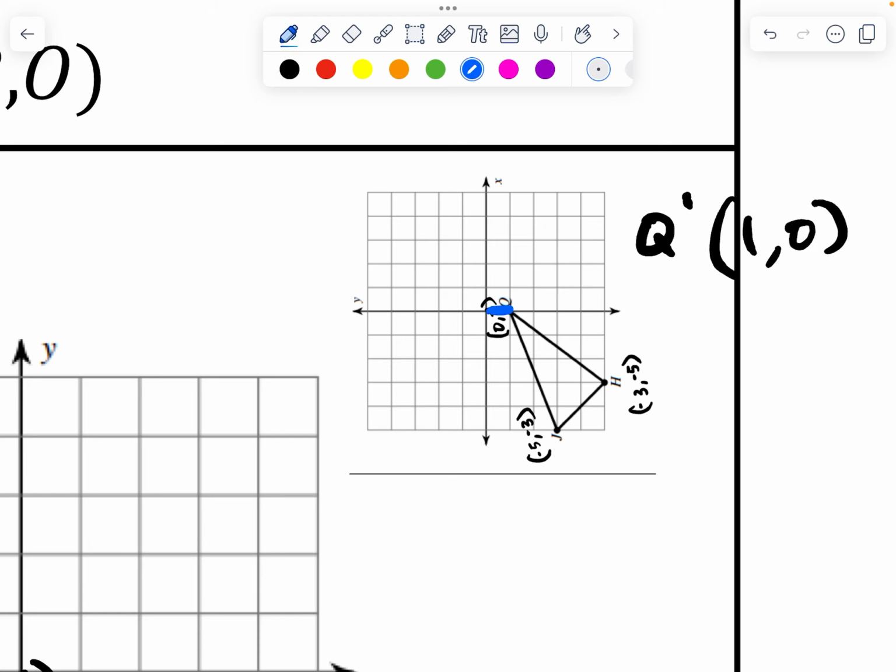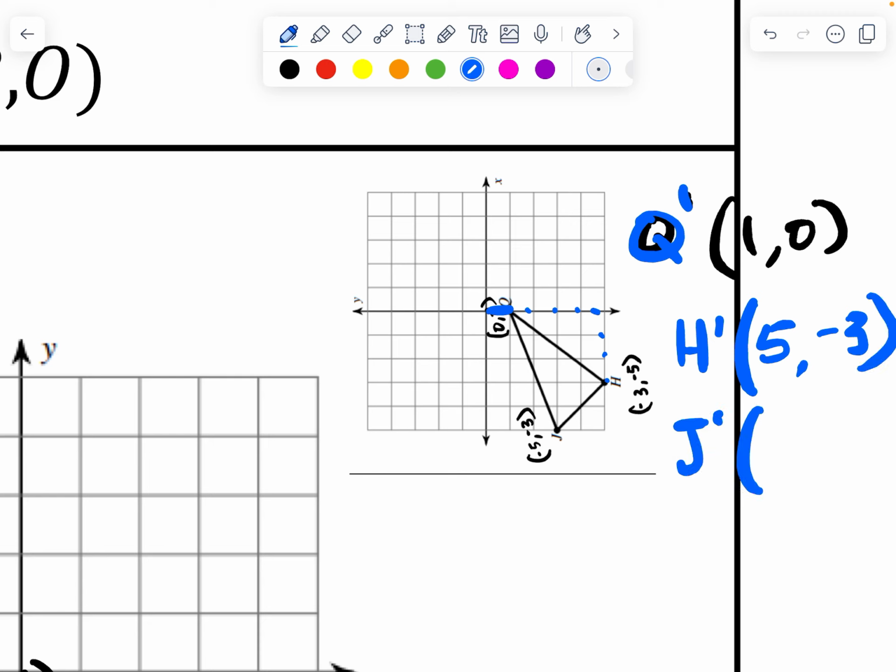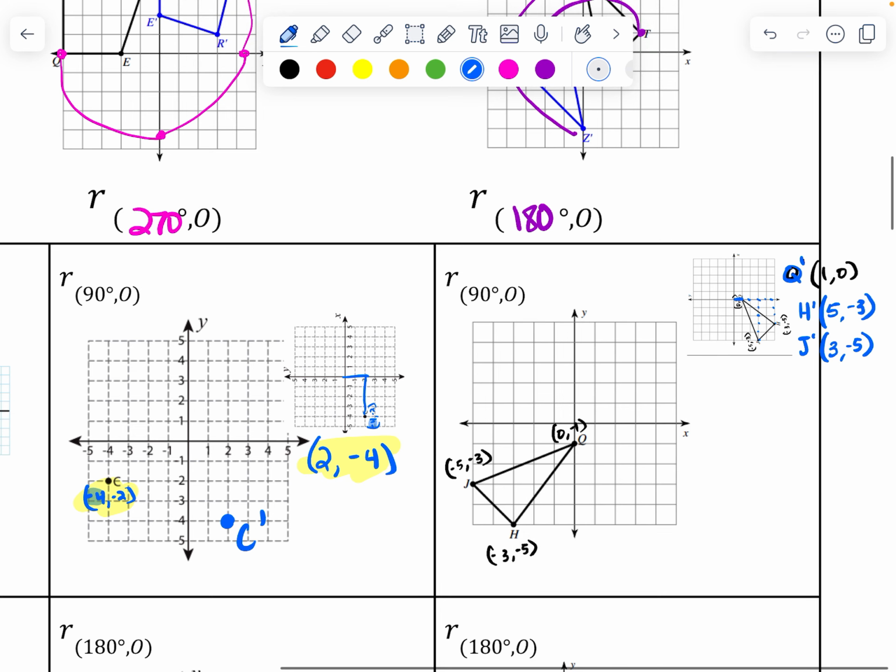I went over 1, stayed, okay? H prime is going to be at 5, -3. And J prime is going to be at 3, -5. All right, so we've written those down somewhere.